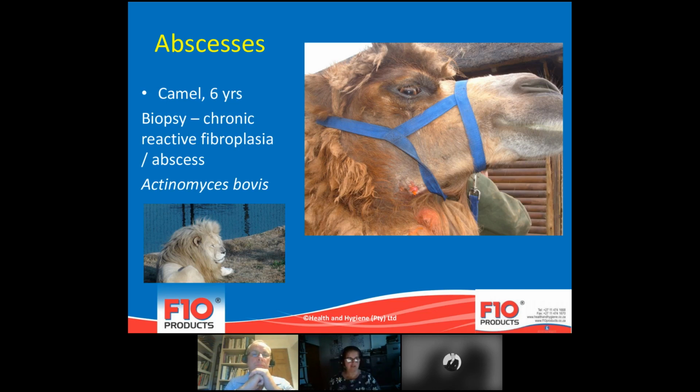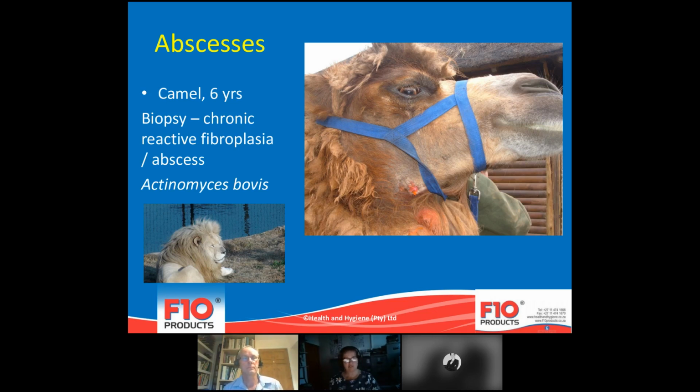The reason I put the picture of the lion down here is that we had quite a big problem in Joburg with flies, both in the camel house and also in some of the big cats. So we would see ulcers on the faces of some of our lions, and also lesions on the edges of the ears from flies.